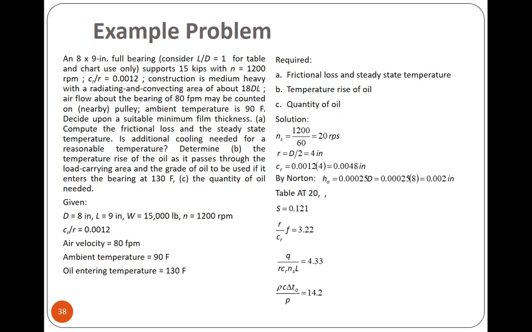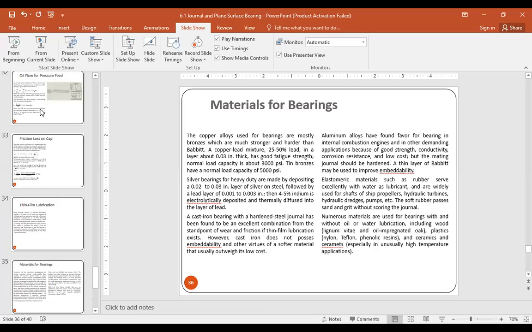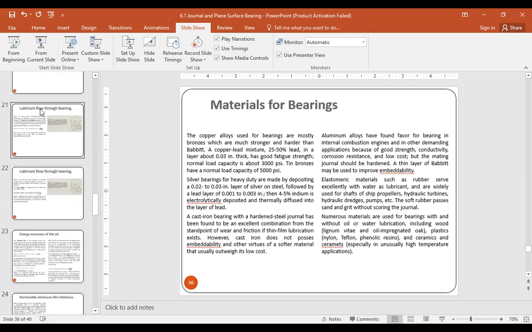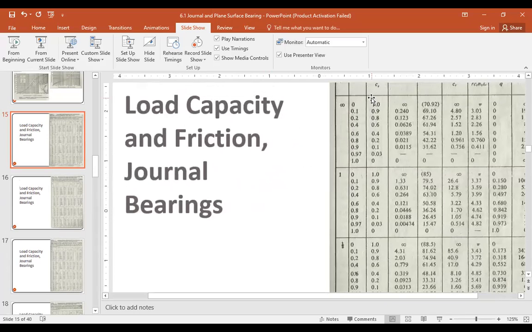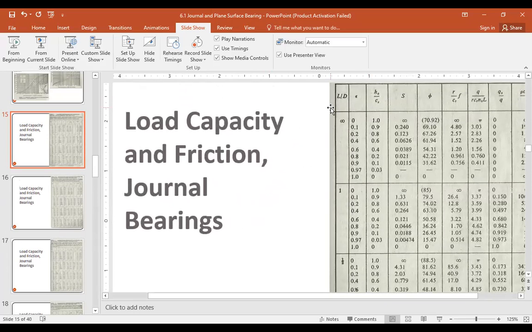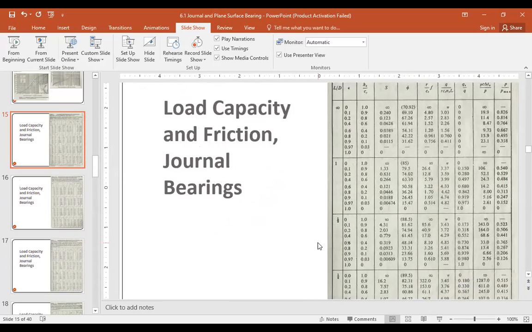Meron tayong L over D as 1. Paano na po yan? L over D as 1. Hanapin natin. Table 8020 or table 1, full bearing. So, ang kailangan din dito is yung L over D is 1. Tapos, ano yung katabi? S.